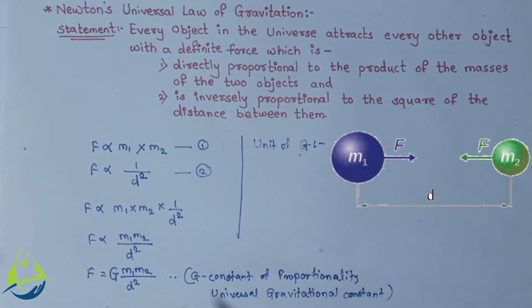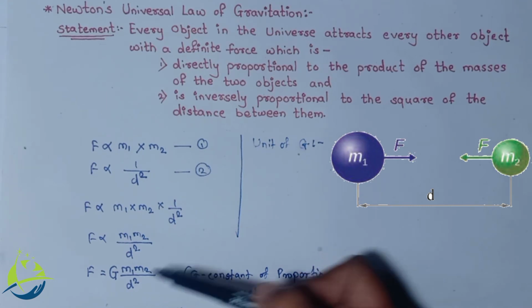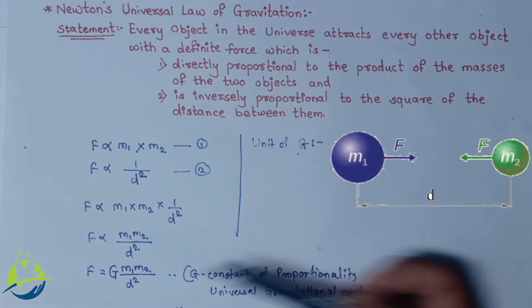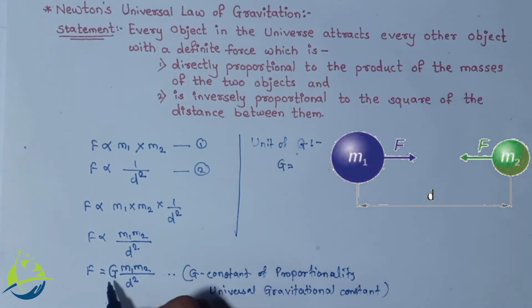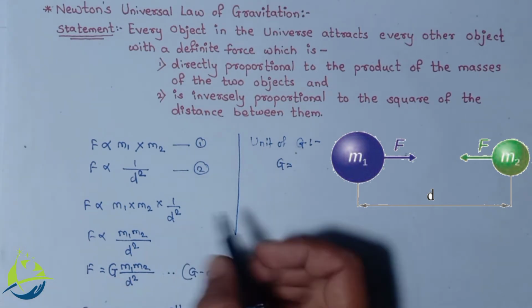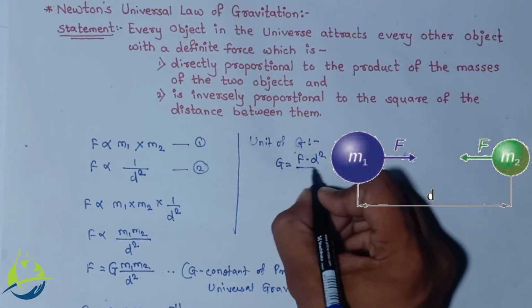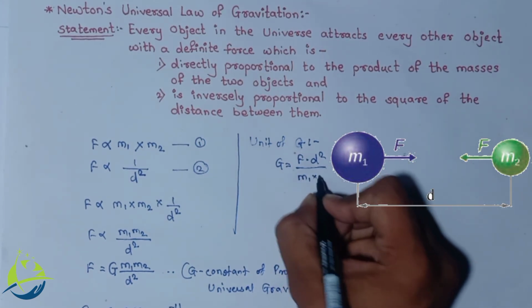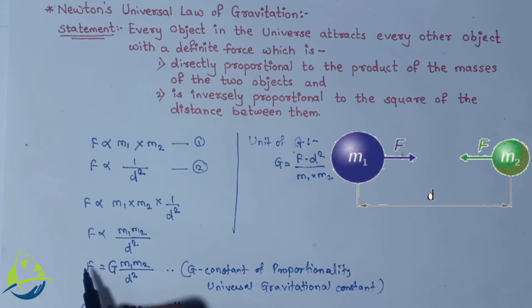Now the unit of G. The unit of G is calculated from this formula which we have derived earlier. Okay. Now G is equal to, taking G, the right side part goes to the left side, division becomes multiplication. F into d square upon m1 into m2. See, multiplication becomes division, division becomes multiplication.